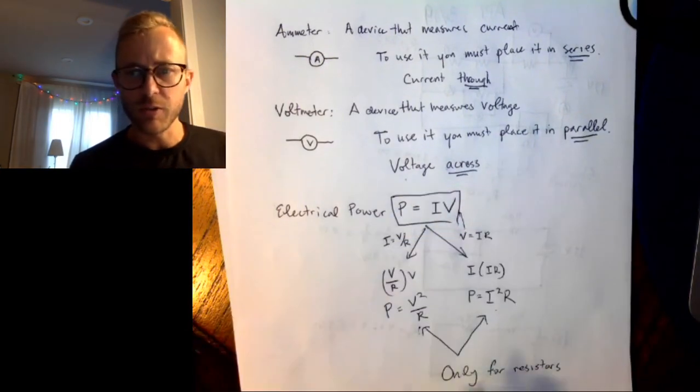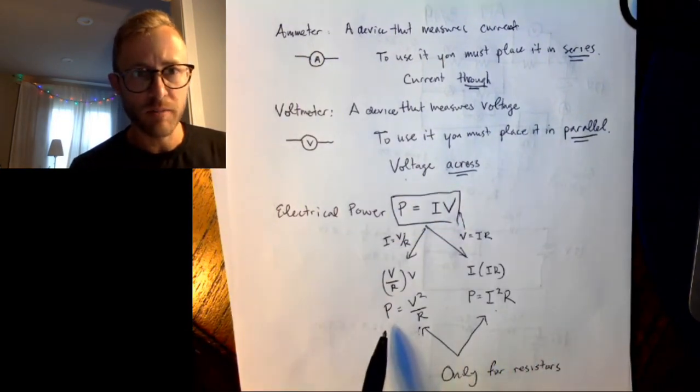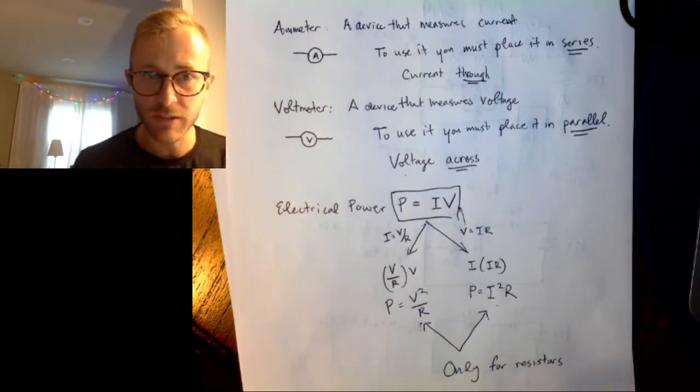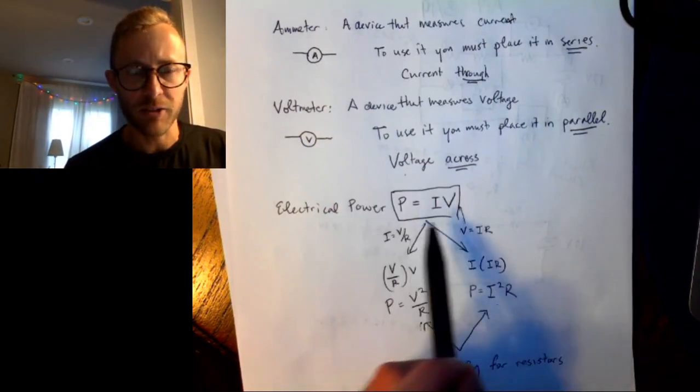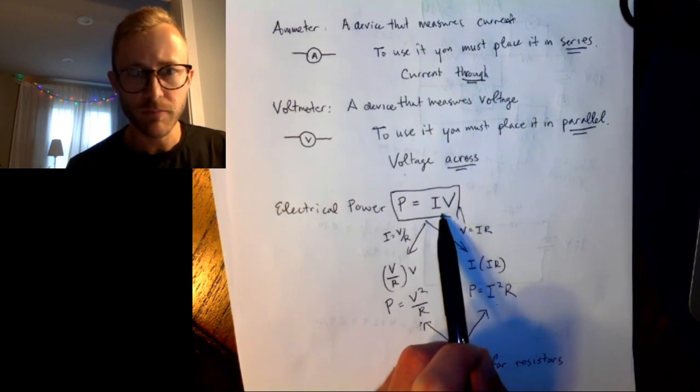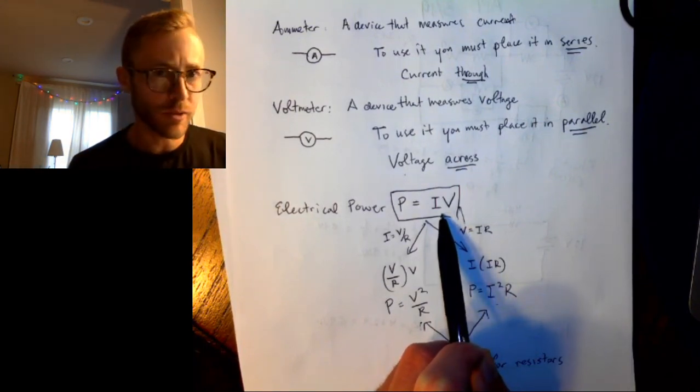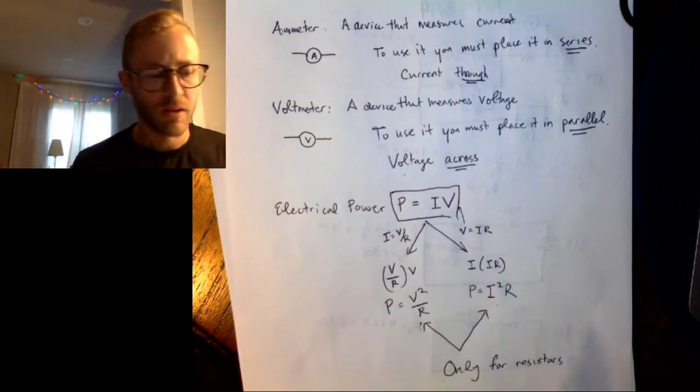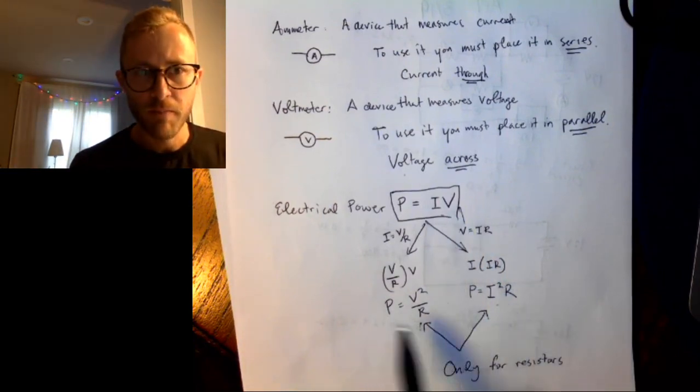You couldn't use these equations, for example, on a battery, because for a battery, the resistance isn't defined. So this is kind of the master equation, and it always works, but if you have a resistor, these two work as well.